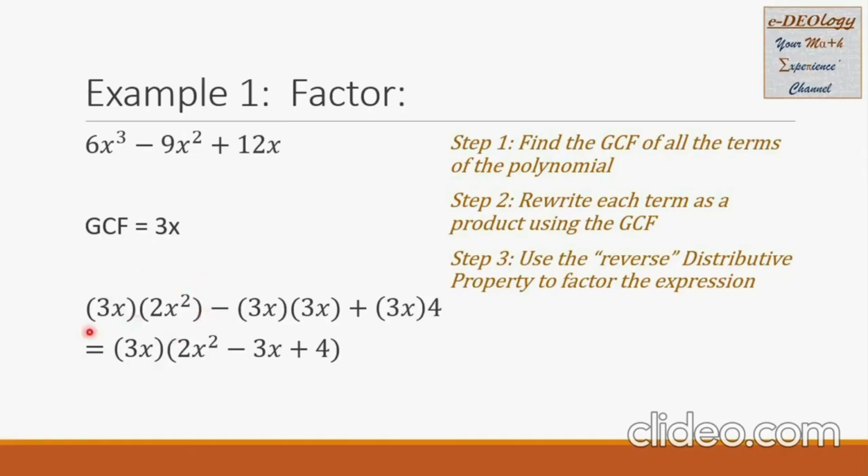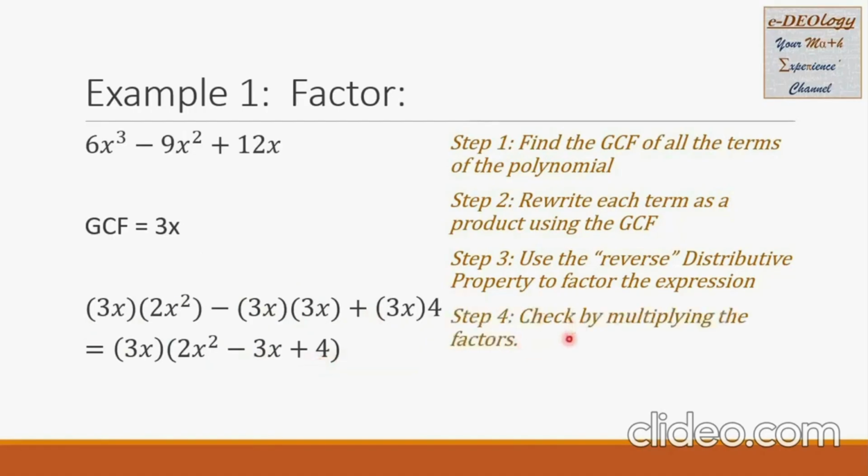Look at the first term here. After removing the GCF, the 2x squared remains, so it is written here, 2x squared. For the second term, after removing the GCF, only the 3x is left, so this is minus 3x. And then plus, for the third term, after removing the GCF, only the number 4 remains, so we will copy here 4.